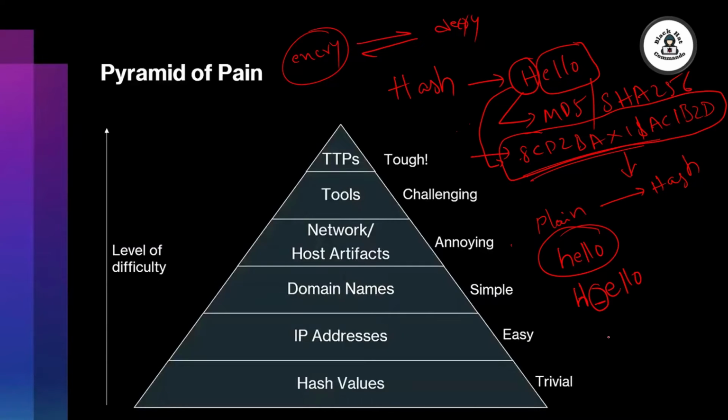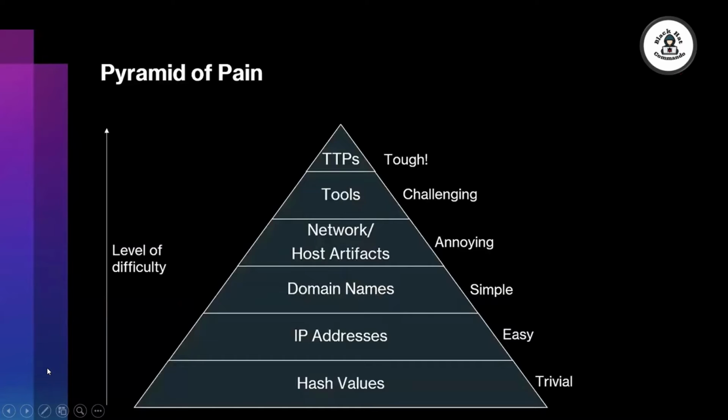So these hash values are taken as signatures inside cyber threat intelligence, like EDR, antivirus, and some of the tools themselves. I hope you understand the simple concept of hash values. With encryption and decryption, you can convert from encryption to decryption and back. But with hash values, you cannot convert back into the plain text.